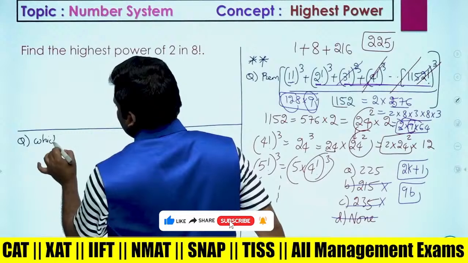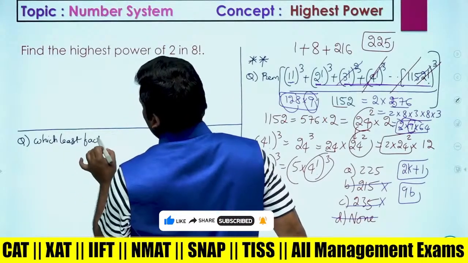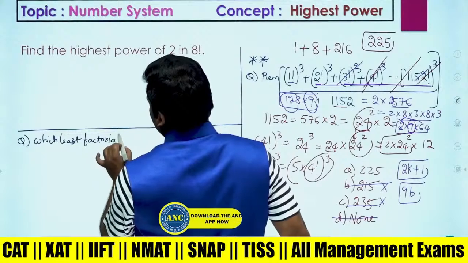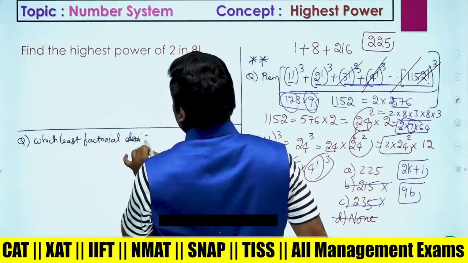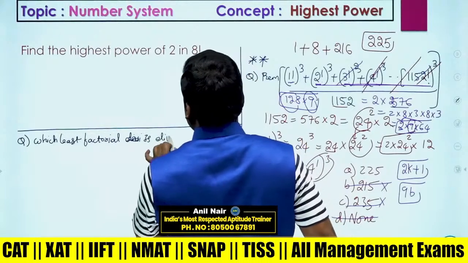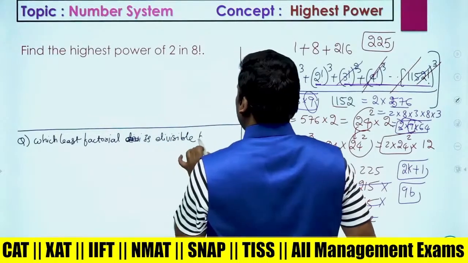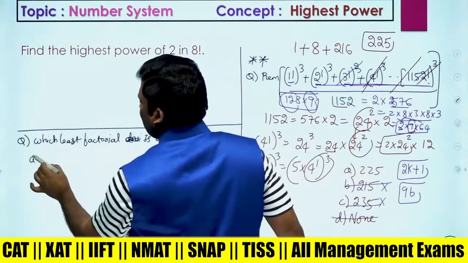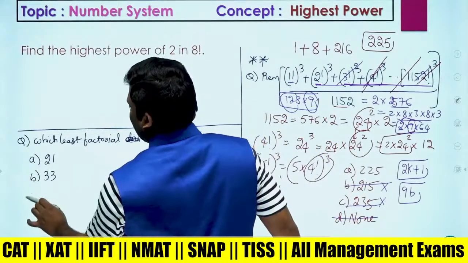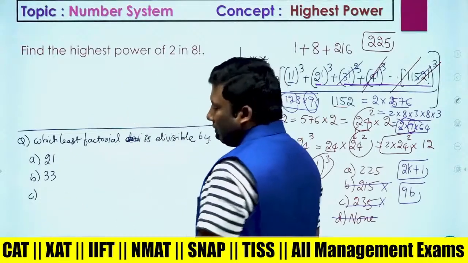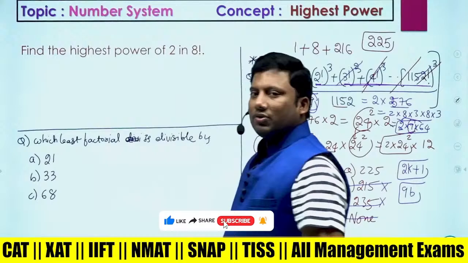Which least factorial is divisible by: first one 21, second one 33, third one 68. First we will solve this question.